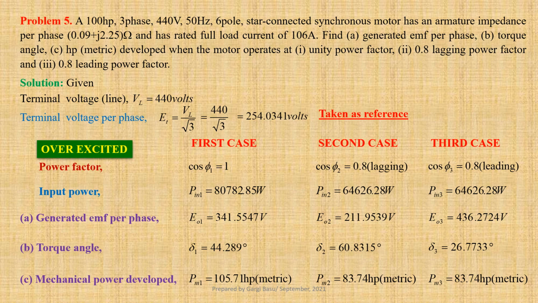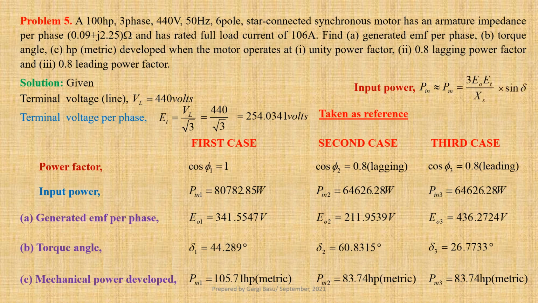If armature resistance is neglected, input power Pin is approximately equal to PM, that is equal to 3 times E0 ET by XS into sine of delta. If ET and XS are assumed to be constant for same amount of input power, the product of E0 and sine delta is a constant.